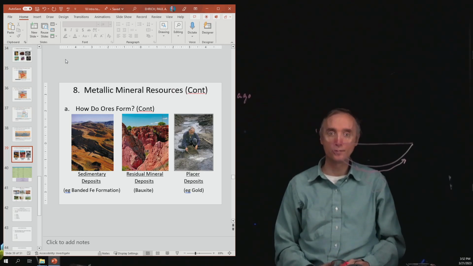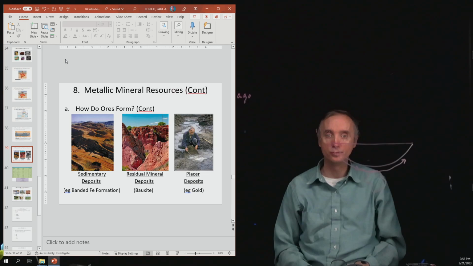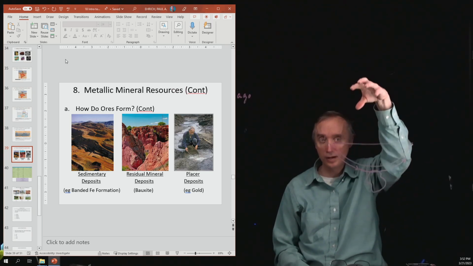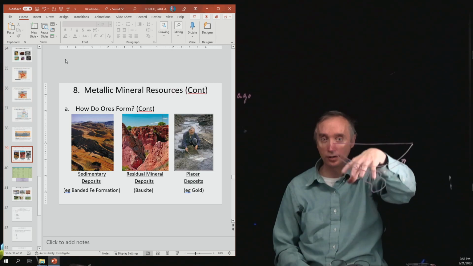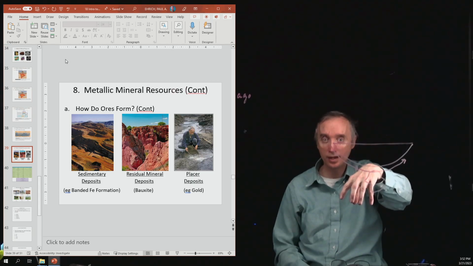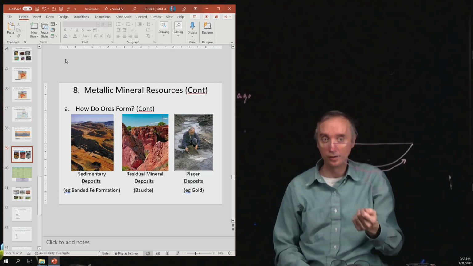Okay, then another thing is residual mineral deposits. So if you recall, when we talked about soil formation, we said that rainwater, when it percolates down through the ground, it can concentrate aluminum.